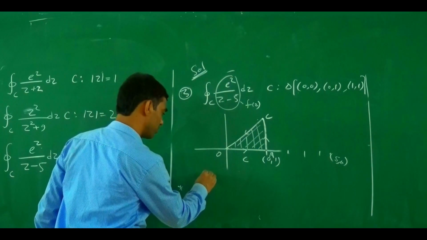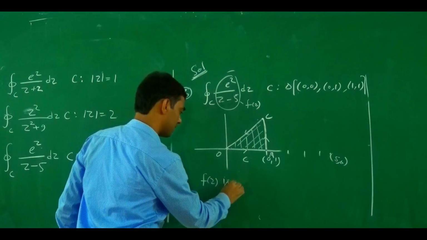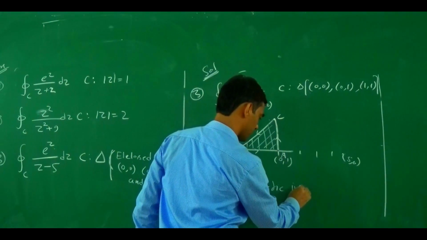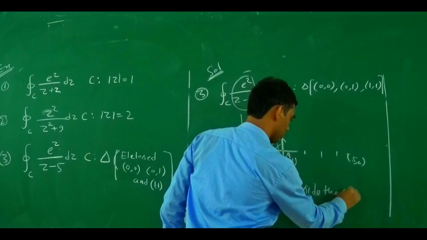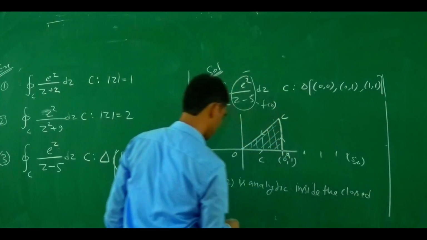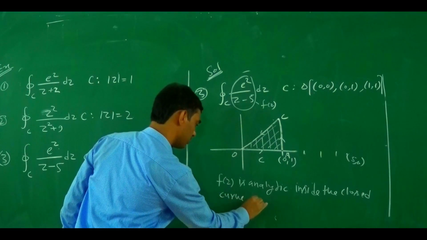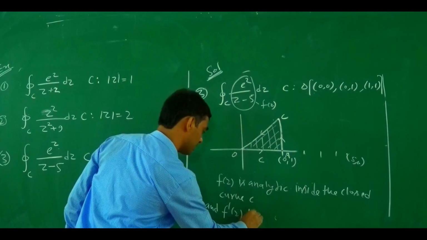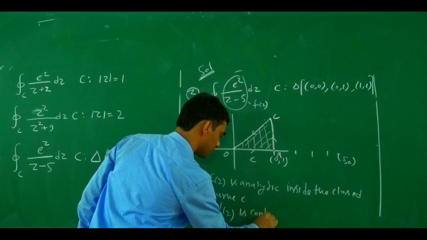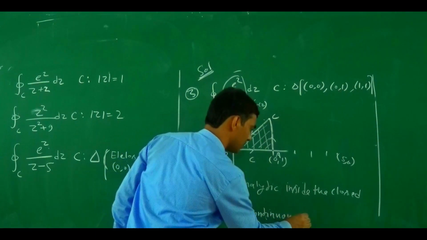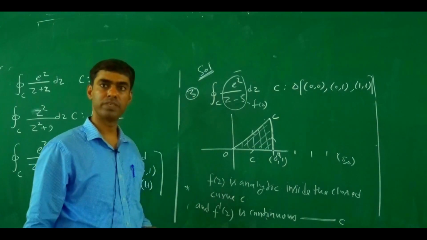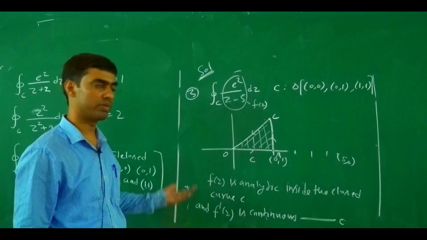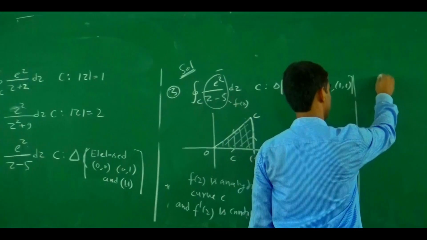So here we conclude that fz is analytic inside the closed curve C, and f dash z is continuous inside the closed curve C. So according to the Cauchy integral theorem, if this one is analytic and continuous inside a closed curve C, then the value of integration becomes 0.